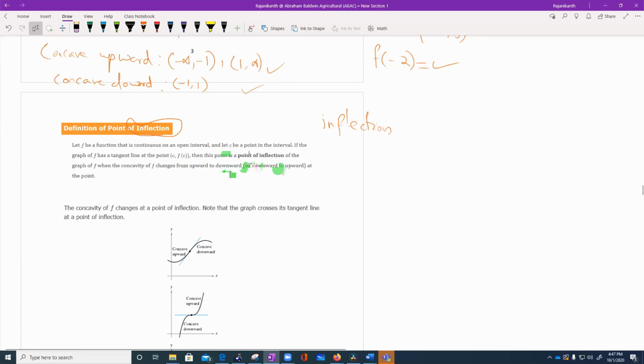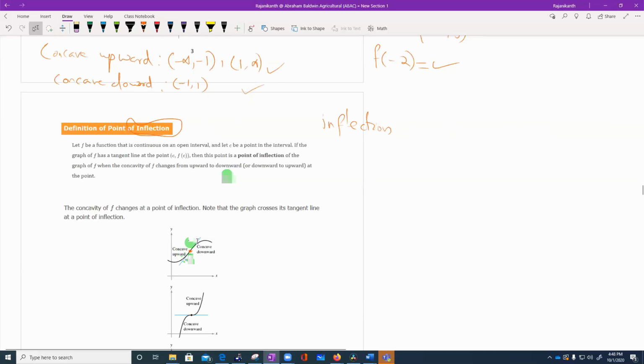So if you could see the trend of concavity at that point changing, so that point is going to be a point of inflection. So look at this picture. You see now, this point will change the concavity trend. So before that point, the trend was concave up. After that point, the trend is going to be concave down.